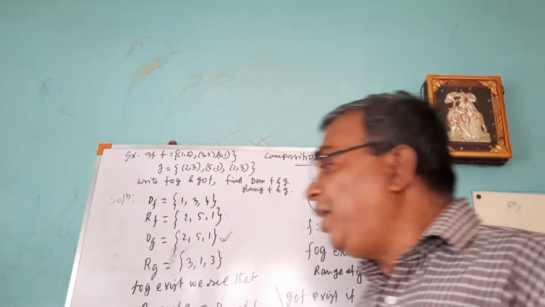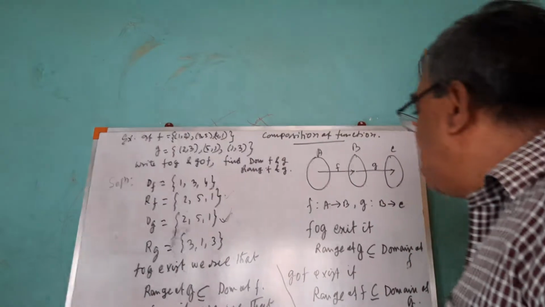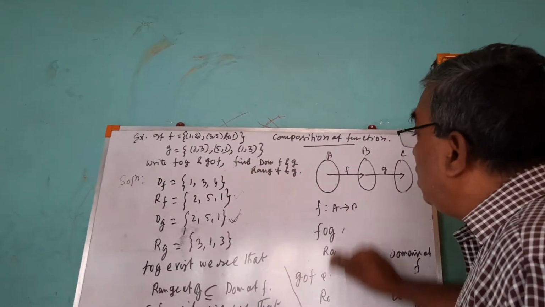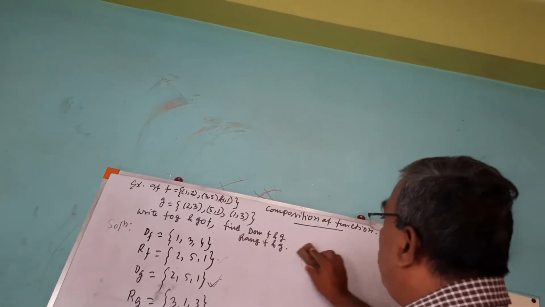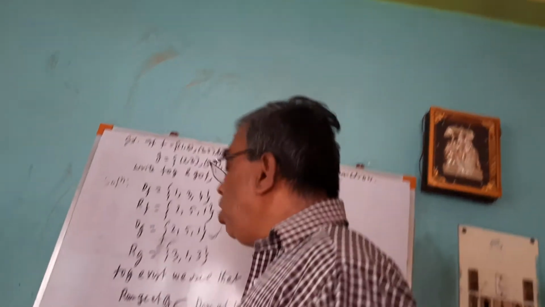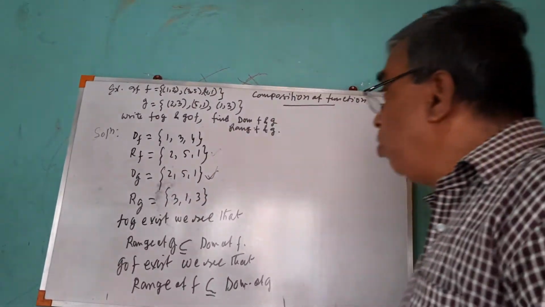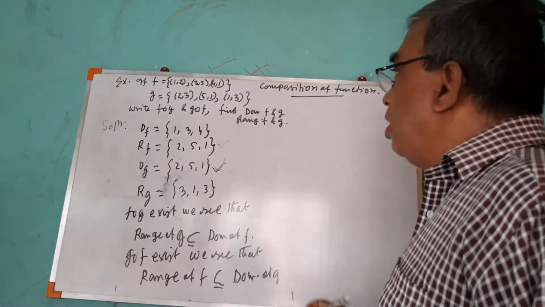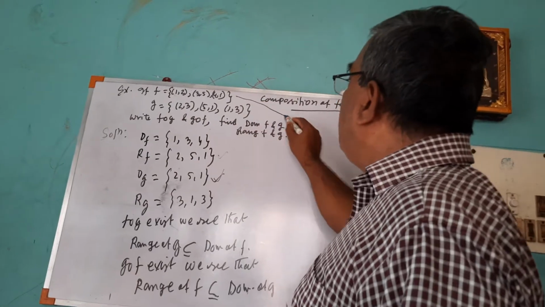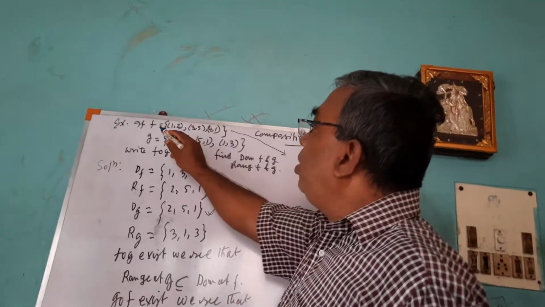Now the question is how to find F O G and G O F. We have already found domain of F, range of F, domain of G, range of G. Now you have to find F O G. What is the meaning of this function?